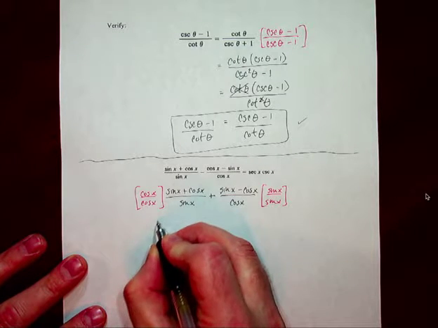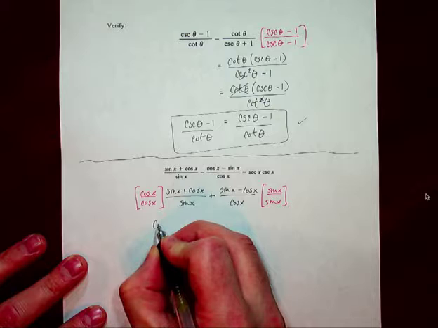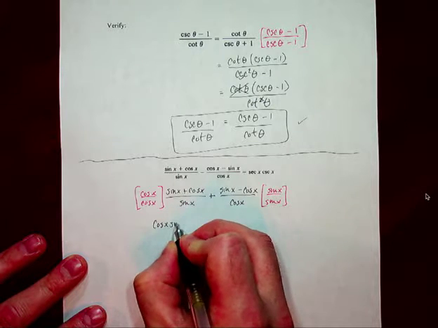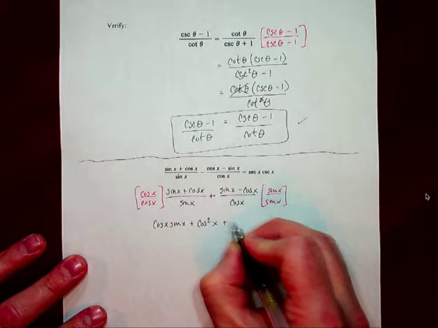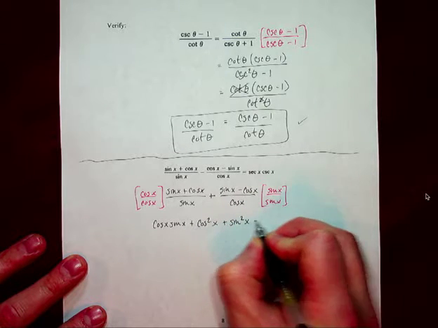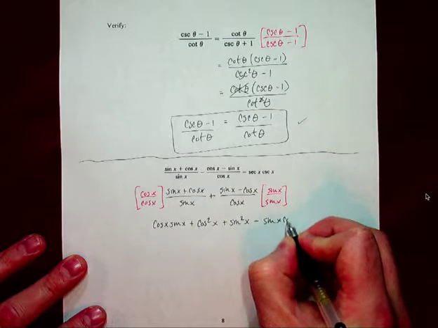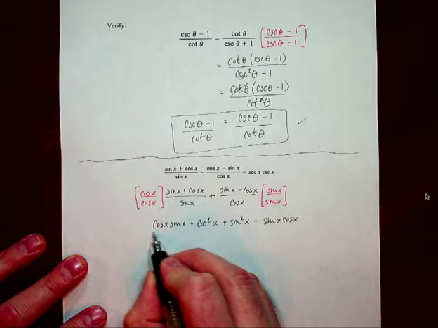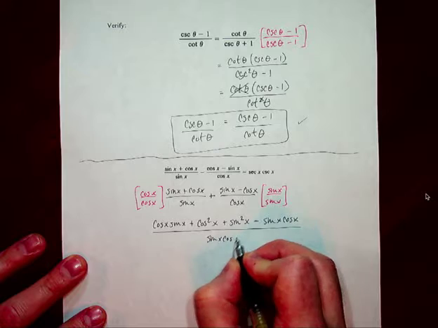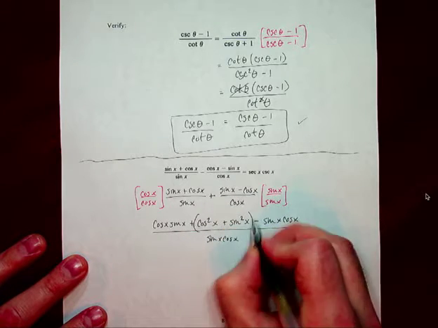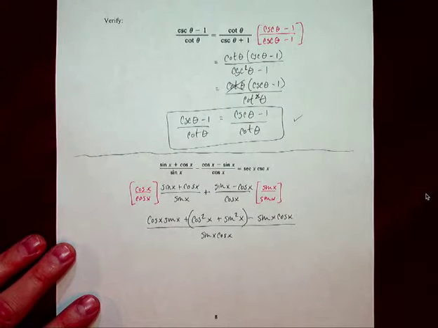And then, of course, we're just going to distribute here in the numerator. And that is all going to be over sine x cosine x. Now that right there is obviously 1.